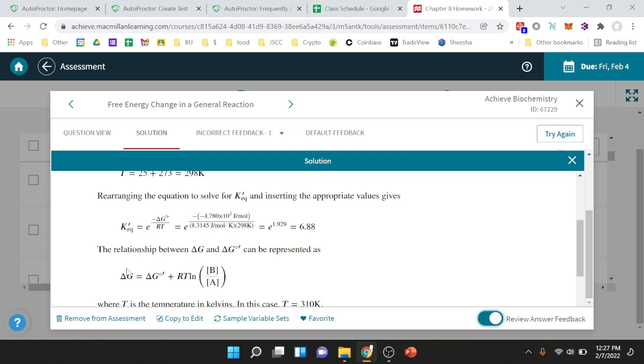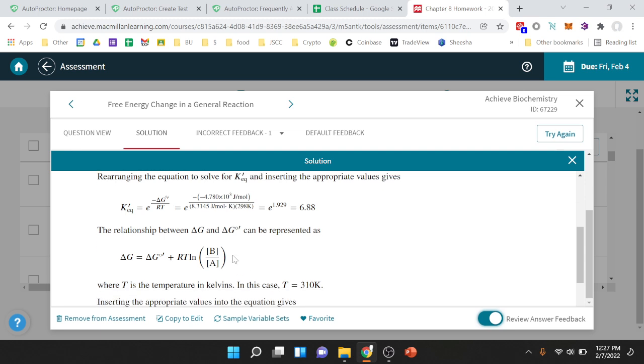Okay, so here's the original formula. We're going to be finding delta G now. We have our delta G naught prime. R and T, well, R's constant. T is going to be based on that, what was it, 35 degrees Celsius? So 273 plus the 35. And then we have the concentrations of B and A. Note, because the reaction is a 1-to-1 ratio, we don't have any powers in here, right?